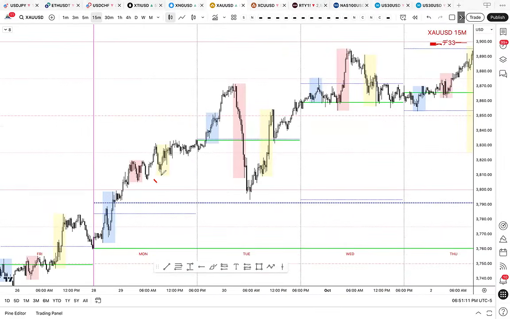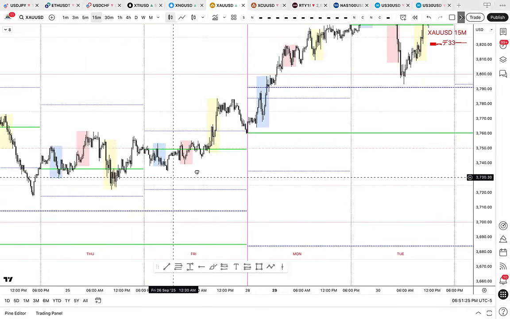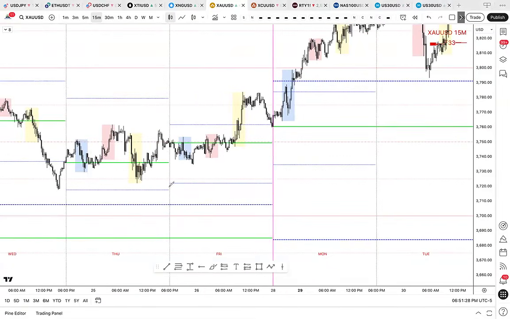But remember, it can be any combination. New York low, Asia high, London. New York, Asia, London. So if you're the London traders, the Asia traders, we're looking for the same pattern. What do we have here? London low, New York high, breakout, pullback, continuation trade.